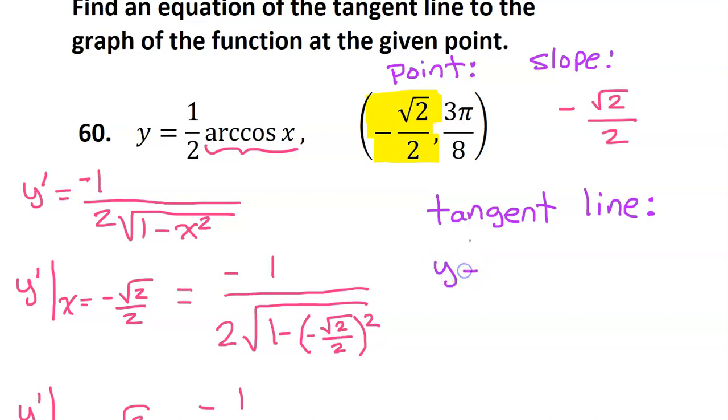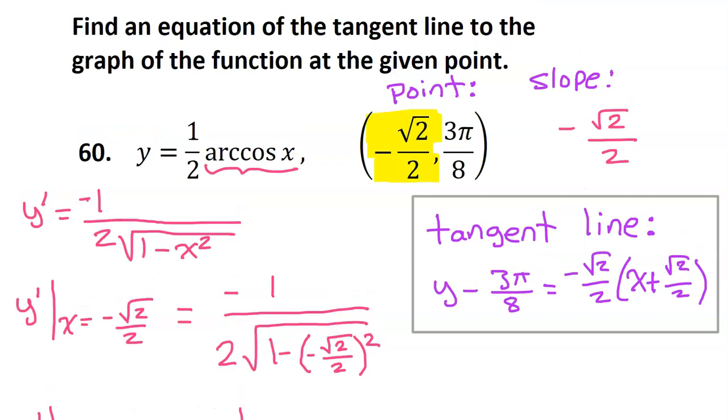It'll be y minus the y value, which is 3 pi over 8, is equal to the slope, -radical 2 over 2, times x minus the x value. Since this is minus a negative, I'm going to go ahead and put a plus instead, plus radical 2 over 2. So that's it for number 60.